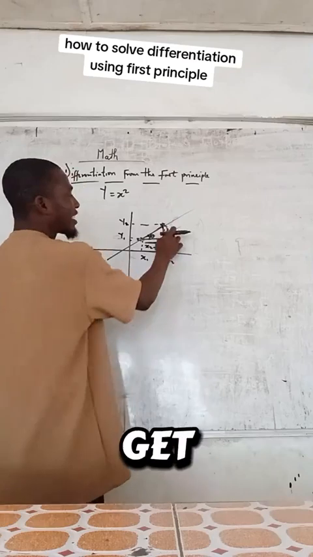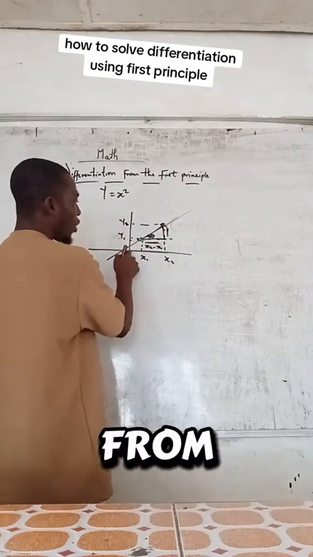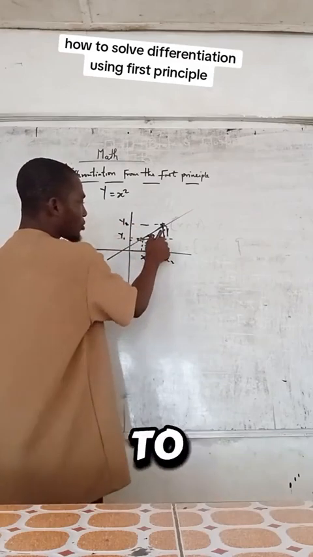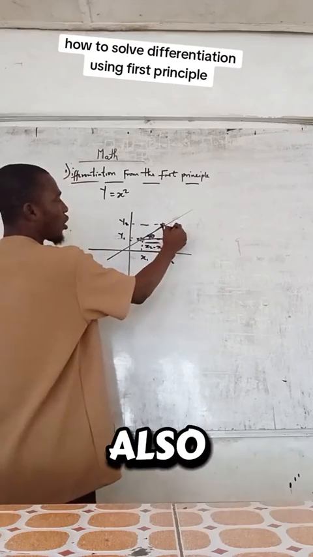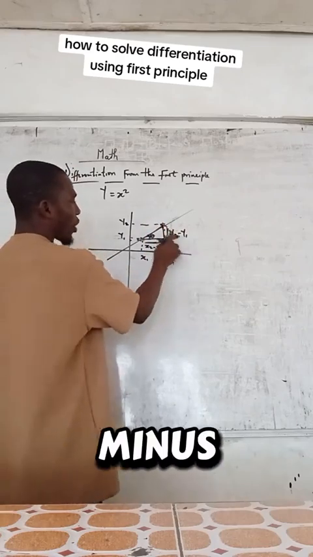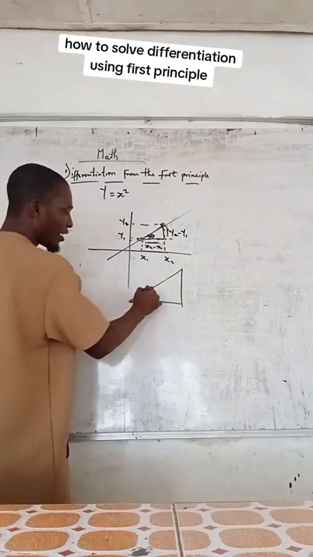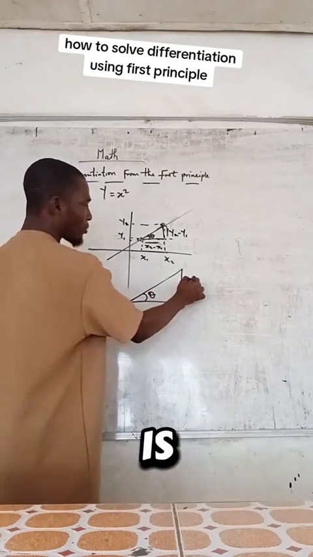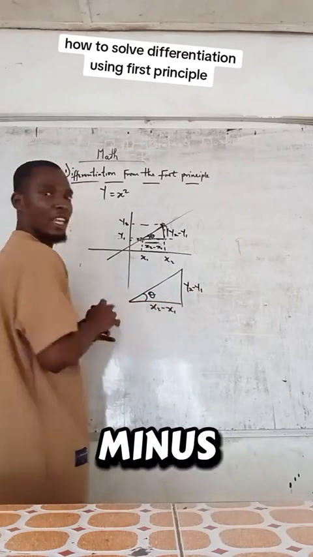For this one, the same thing is happening: from here to this place is my y1, and from here to this place is my y2. So I can write this as y2 minus y1. If you look at the triangle, this is the angle, this side is y2 minus y1, and this side is x2 minus x1.